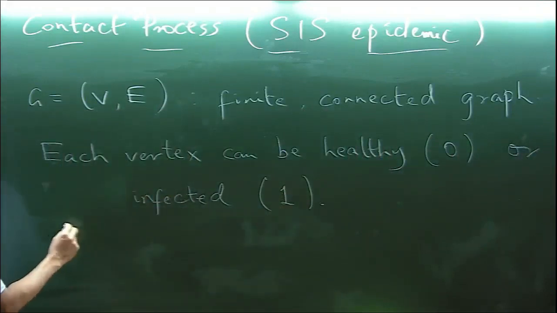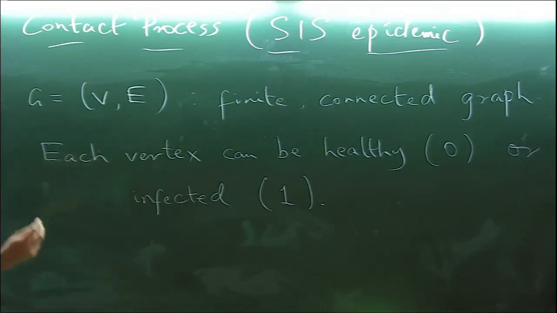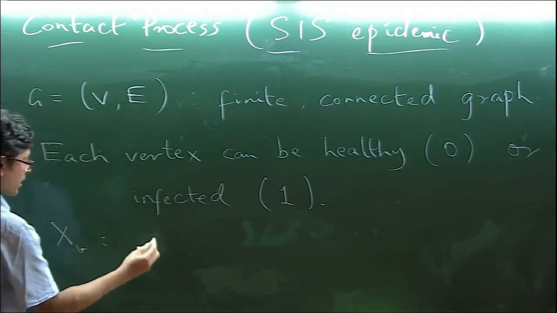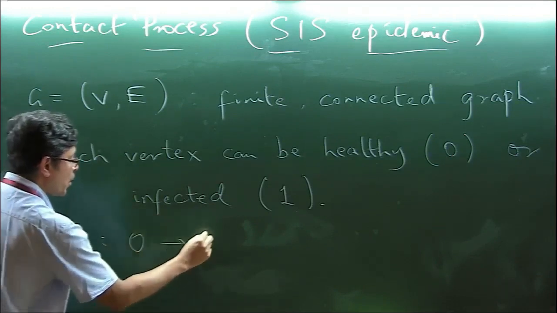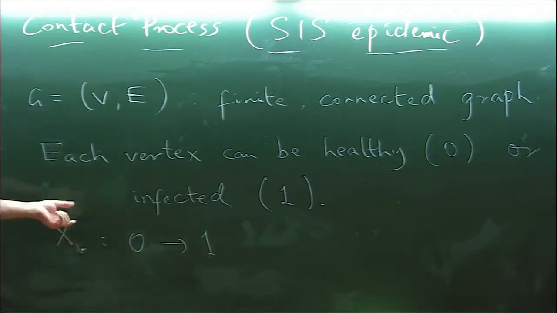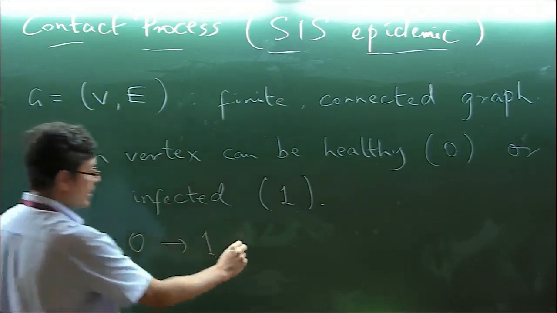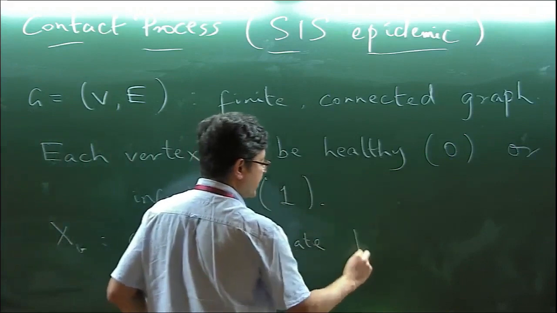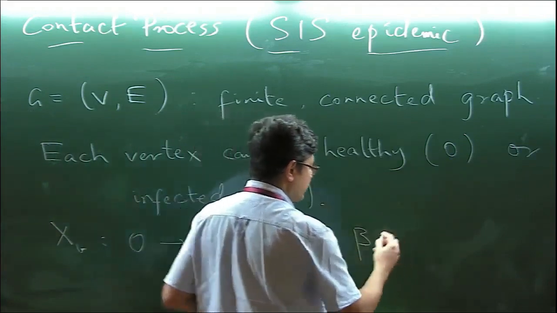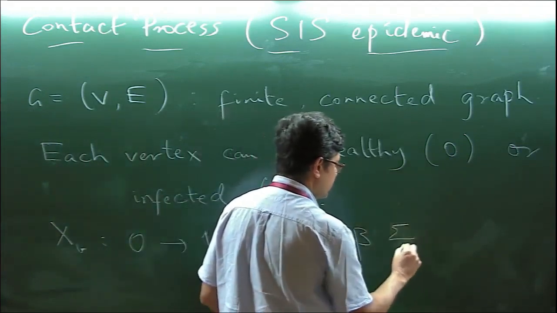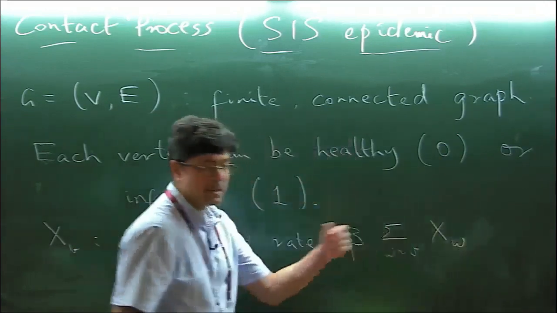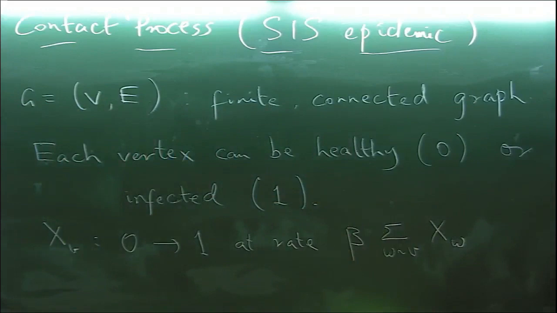And so the state at a vertex V, xv, can go from 0 to 1. So a healthy vertex can be infected at rate, which is some infection rate beta times the number of infected neighbors of V. Okay.